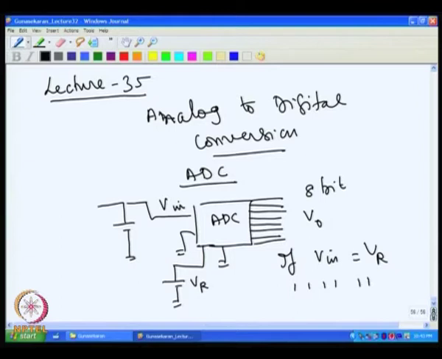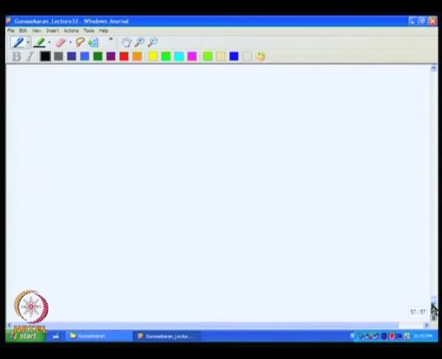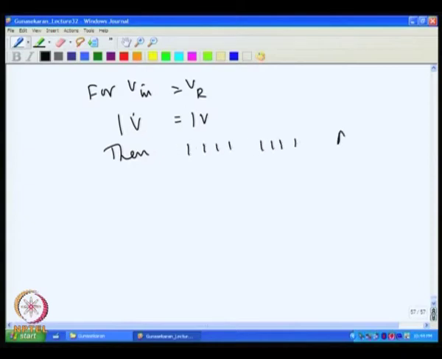Here this is the MSB and this is the LSB. For example, if I have a 1 volt reference and V in is also 1 volt, then all the 8 bits will be high.